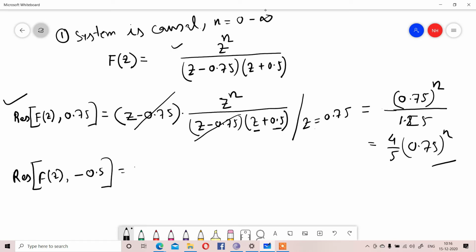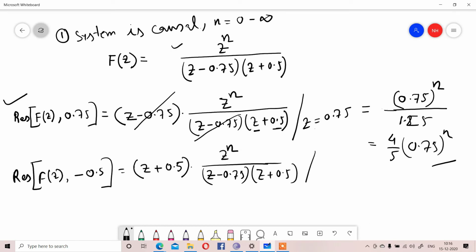Again the value of m is 1, so it will be z plus 0.5 multiplied by f(z), so z to the power n over (z minus 0.75)(z plus 0.5), where z equal to minus 0.5.